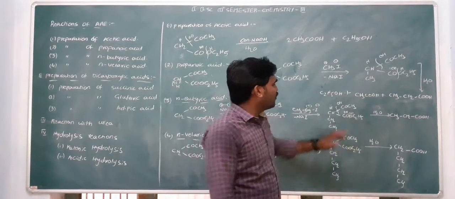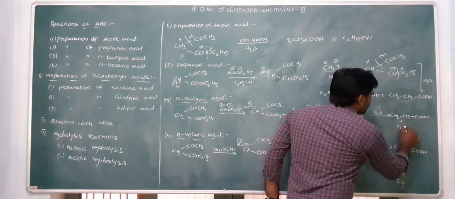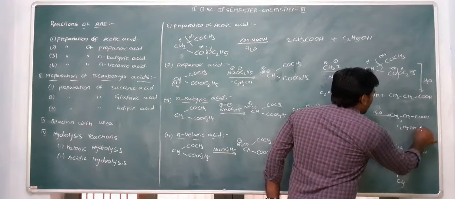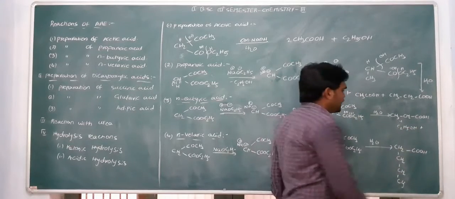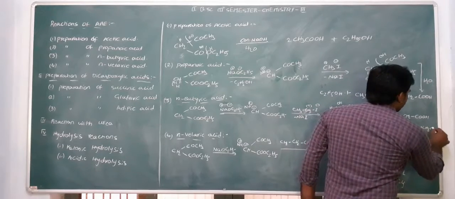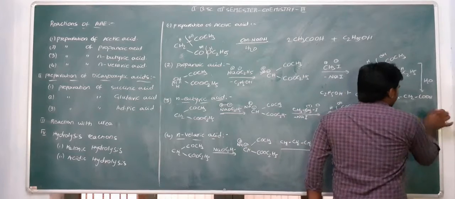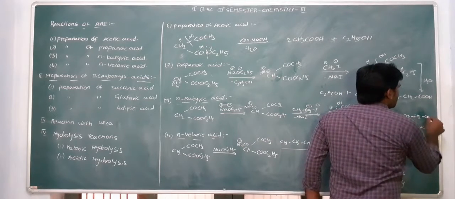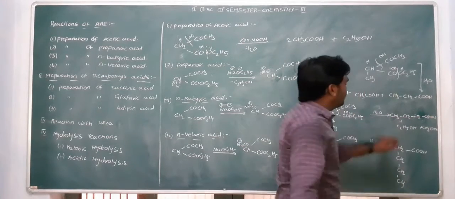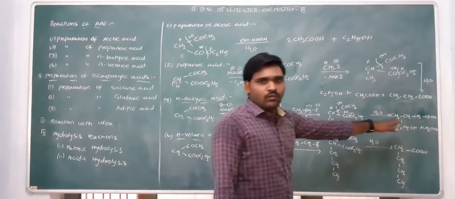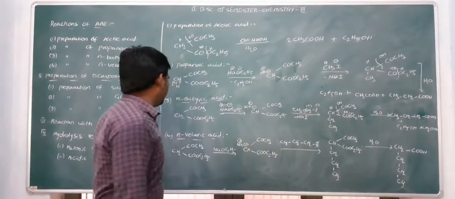Byproducts are C2H5OH and CH3COOH, acetic acid. This is butyric acid, CH3CH2CH2COOH, with 4 carbons, but and COOH. So totally butyric acid.